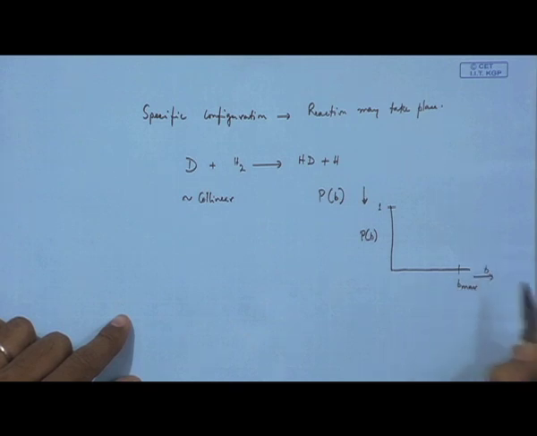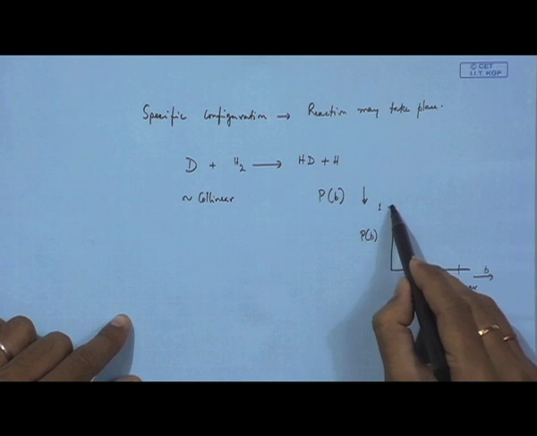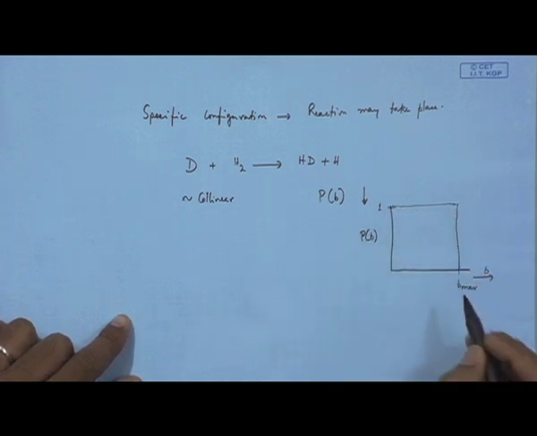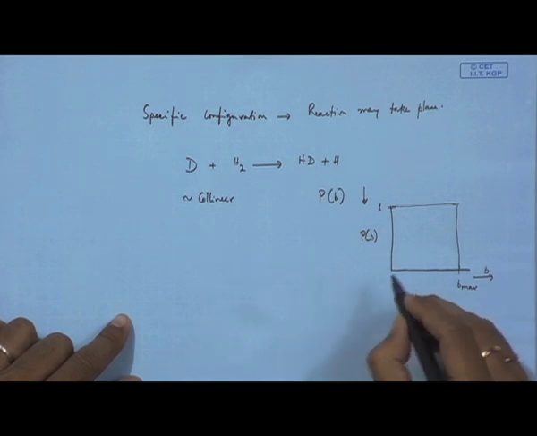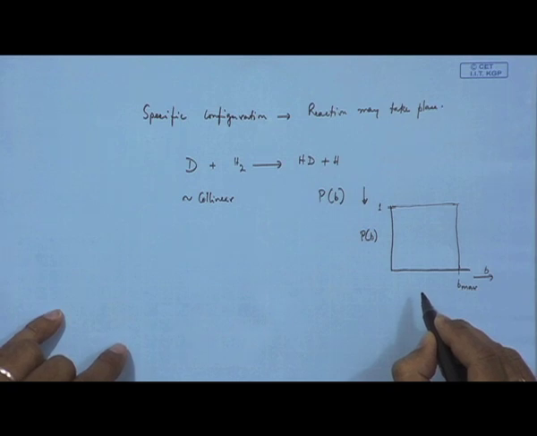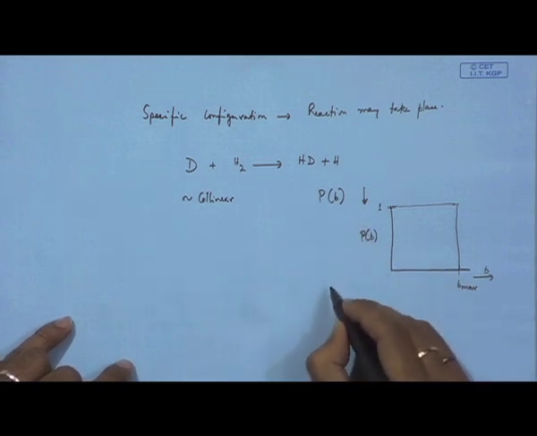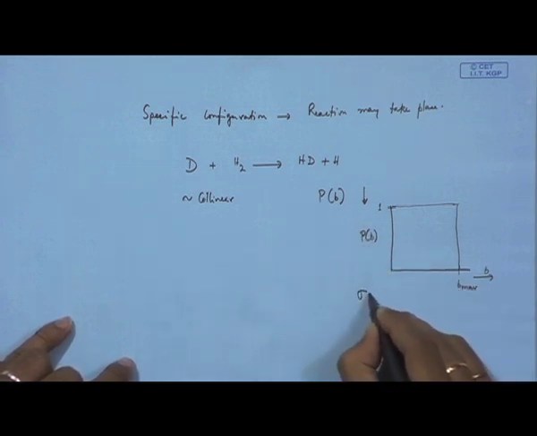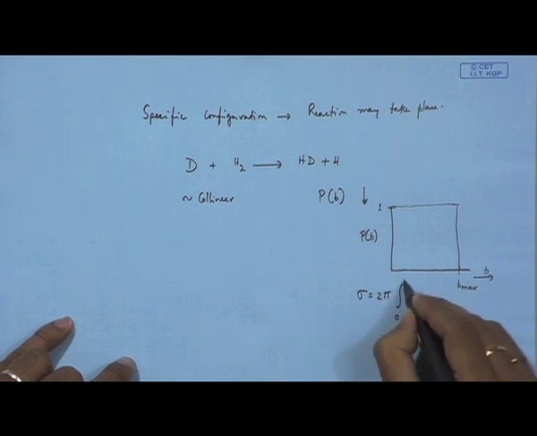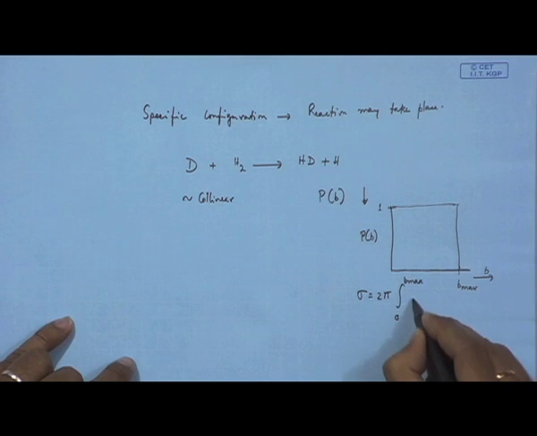We calculated sigma, which was found to be pi b square: sigma is equal to twice pi times the integration from 0 to B max of B dB.